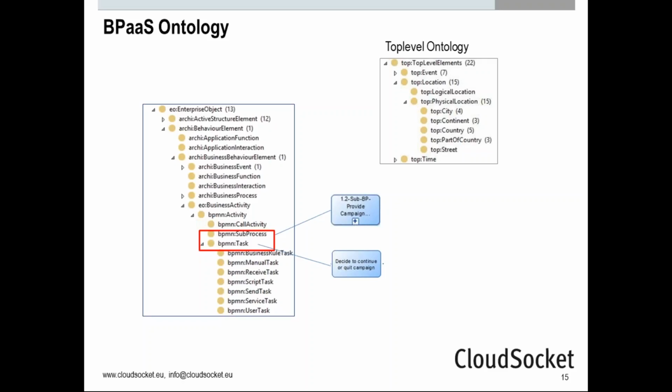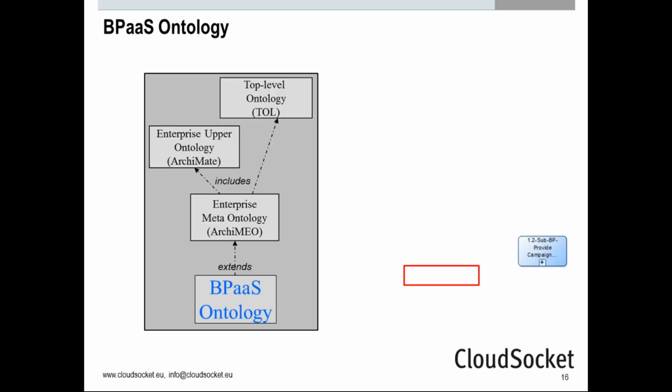So we see here the sub-process or a task are a special kind of business activity, and the business activity is a behavior element of Archimate. So we can define the meaning of the model elements with the ontology. On the top right corner we see a top-level ontology, because we also need some aspects like time and location, and these are also defined in the ontology. We included them from an already existing top-level ontology. So this gives the meaning of the elements that we have in our modeling environment.